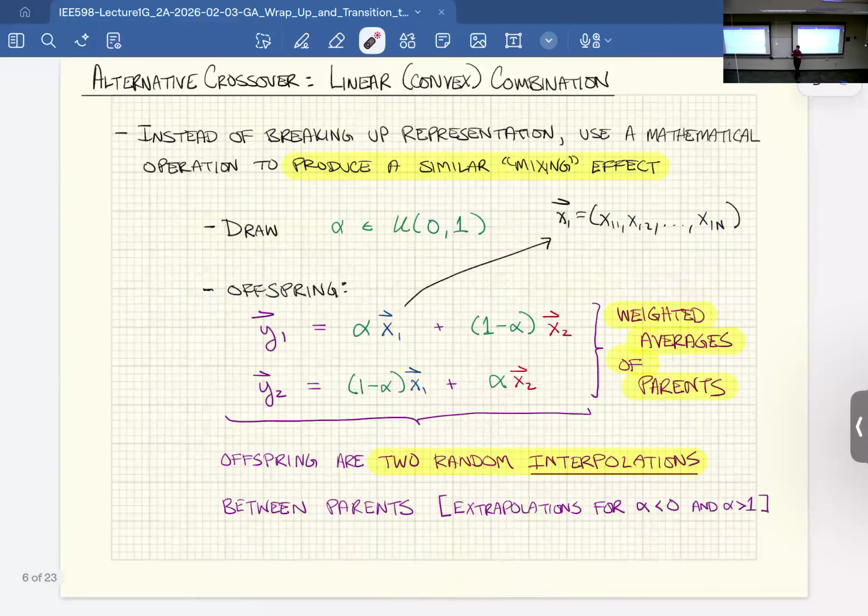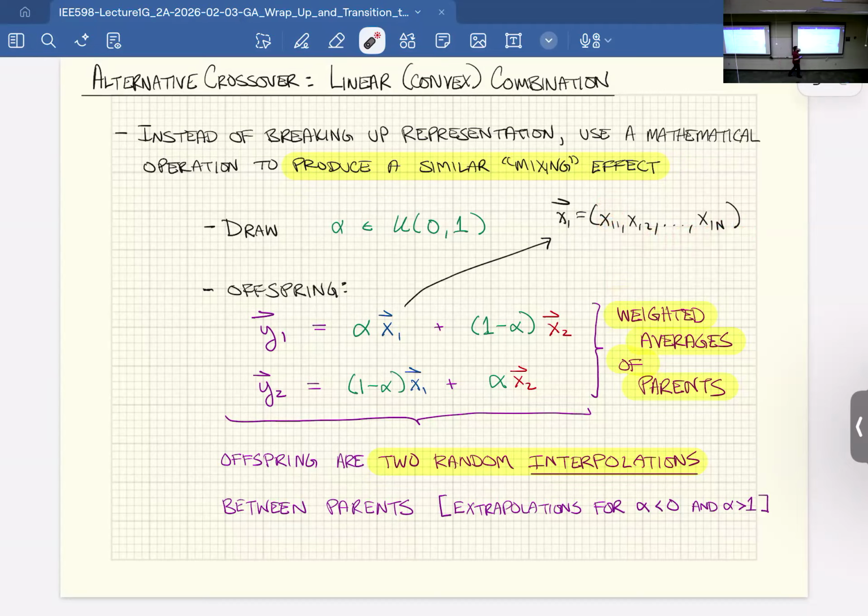Whereas over here, if parent 1 had 3 and parent 2 had 4, then if you're doing this, we're assuming that all of these genes are real numbers. And so the offspring might be 3.26, and then another offspring will be the other.